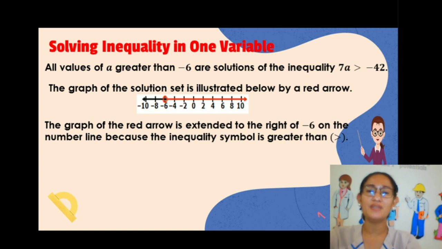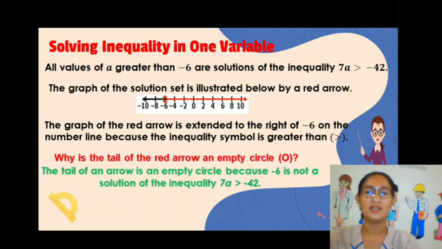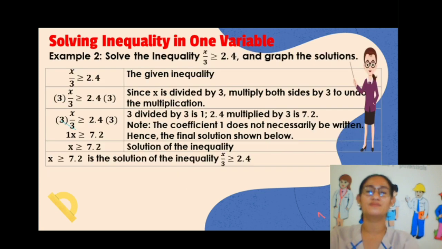The graph of the red arrow is extended to the right of negative 6 on the number line because the inequality symbol is greater than. Why is the tail of the red arrow an empty circle? The tail of an arrow is an empty circle because negative 6 is not a solution of the inequality 7a is greater than negative 42.